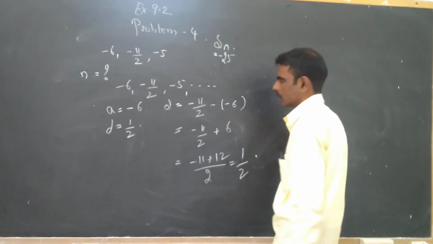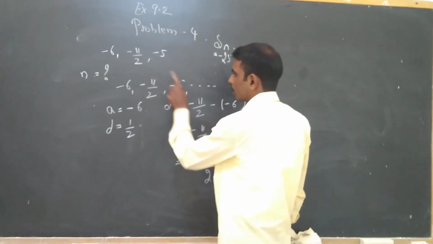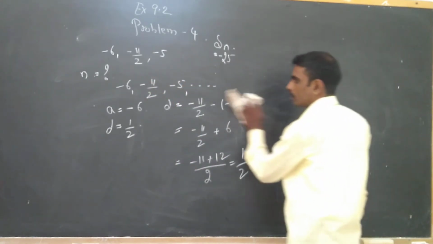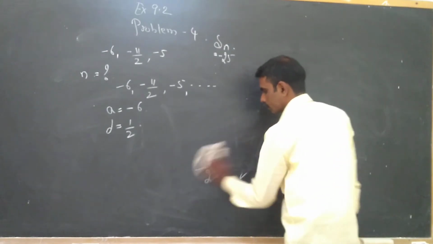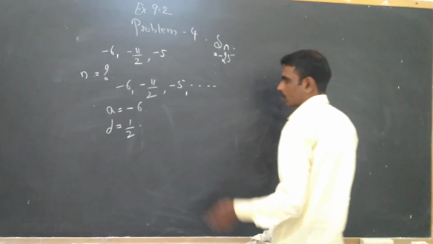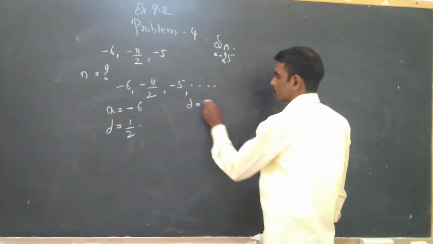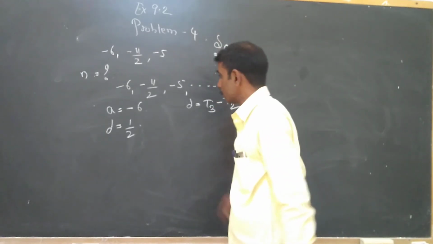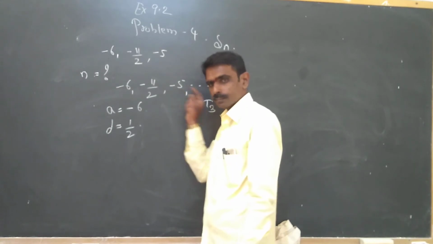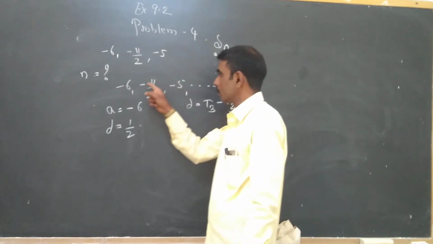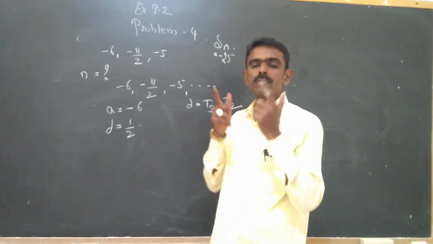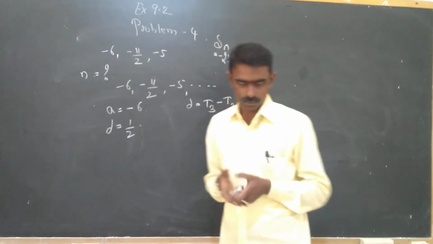Here also you can check with minus 5 plus 11 by 2. You can just check it out once again: d is equal to T3 minus T2. It should be the same. The third term is minus 5. The second term is minus 11 by 2. This minus comes from the formula to find the common difference.